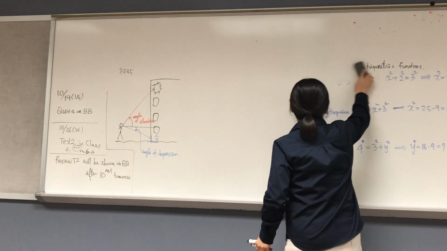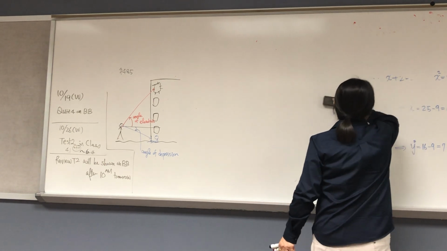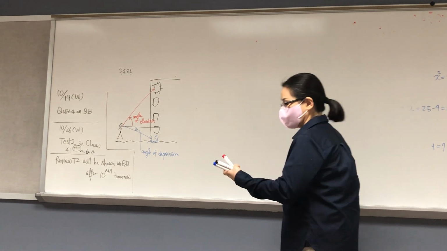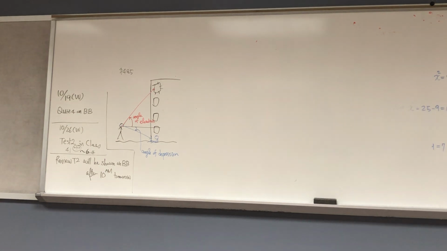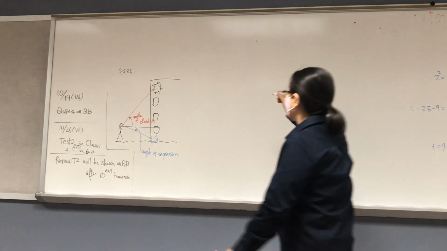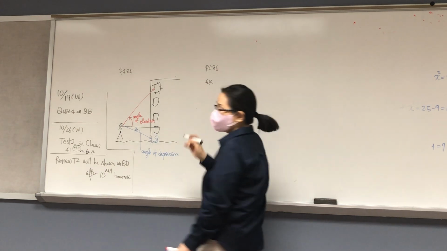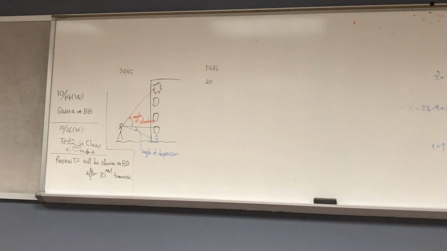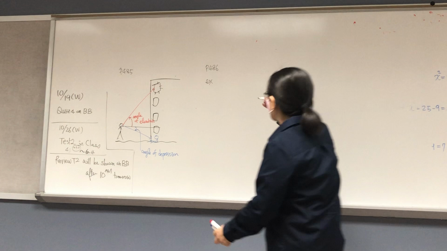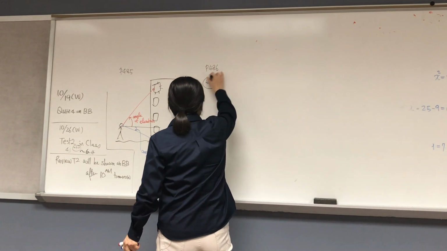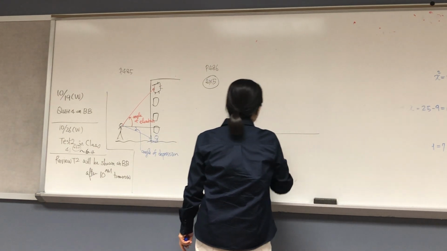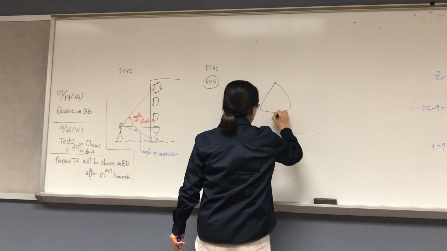Now, let's go to application problems. Next page, 486. Example 5. Slightly different situation. Here is the ground, and here is a very big giant tree.